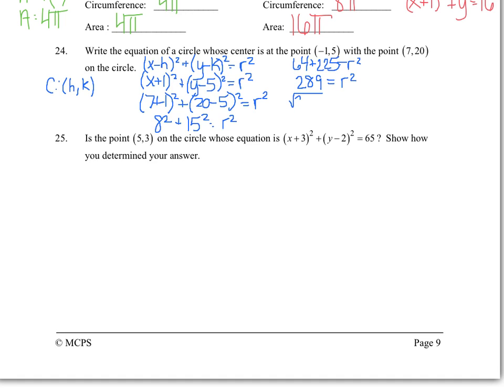And if I square root both sides to solve for r, r is going to equal 17. So my equation is going to be x plus 1 squared plus y minus 5 squared equals 17 squared, which I actually find right here, and that's 289.